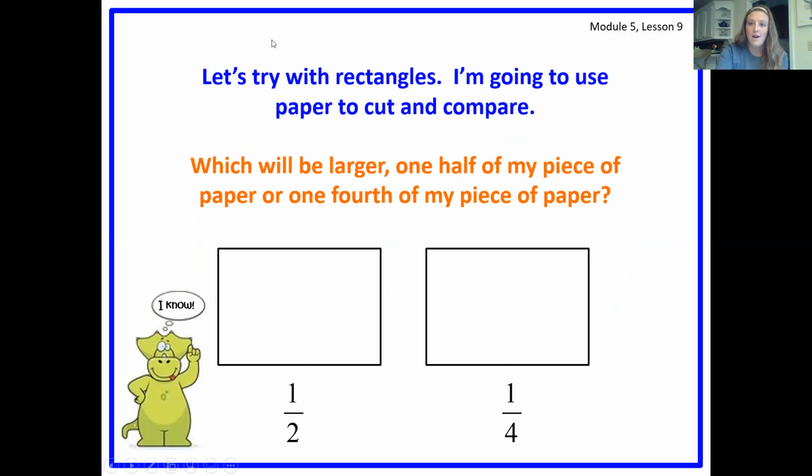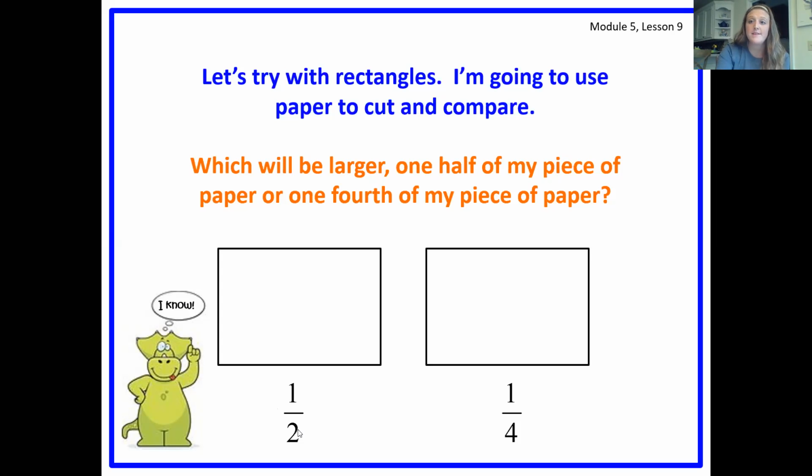So I want us to try with rectangles, and I'm going to use paper to cut and compare, but I might just do it on the screen for you to see. Which would be larger, if I cut 1/2 of my piece of paper or 1/4 of my piece of paper? Let's practice. I see these fractions down here, 1 out of 2.